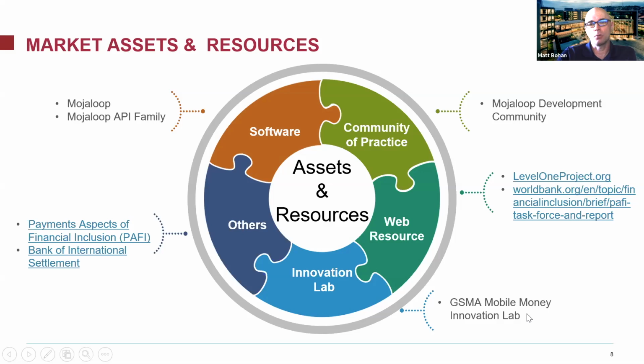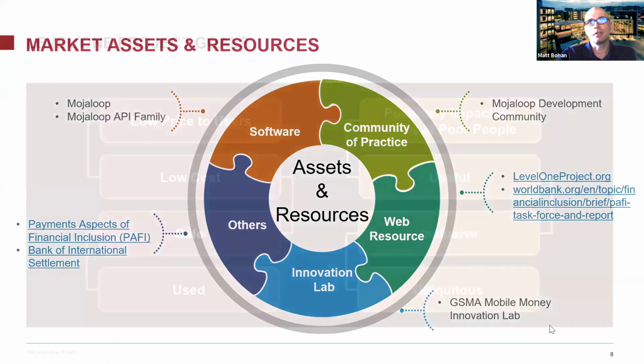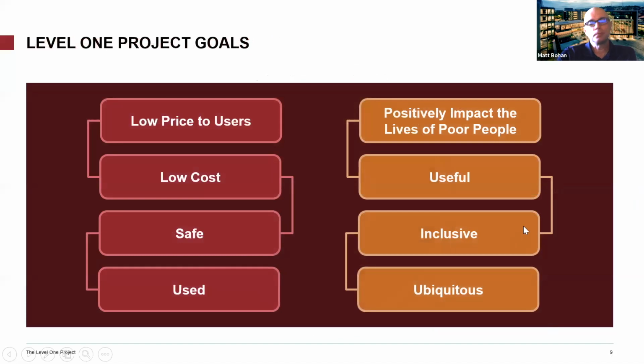So in fact, if you want to look at what an interoperable financial services ecosystem looks like with Mojaloop at the center, that's available now at the GSMA Mobile Money Innovation Lab. So there are lots of resources out there to help move this stuff along and make it a reality.